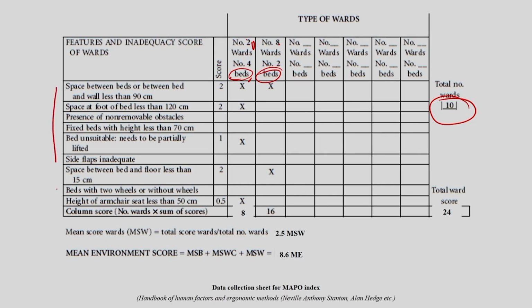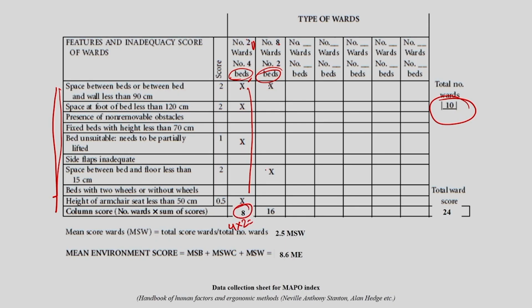Here are the features available, based on which you calculate the type of wards and the total ward score. In the first category you have 1, 2, 3, 4, score 4, multiplied by 2 wards, so you have value 8.